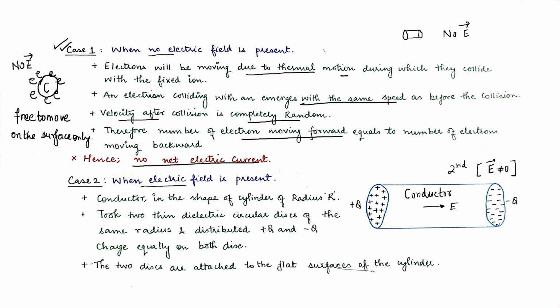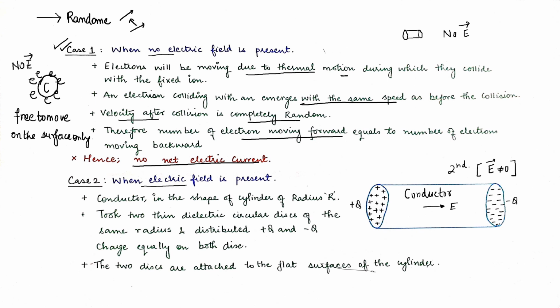They are not supposed to move out from the conductor but can move inside the conductor only. The motion inside the conductor of electrons is free. Now, these electrons will move in random motion. One electron will go here, one will go here, one will go here. So this is random motion.